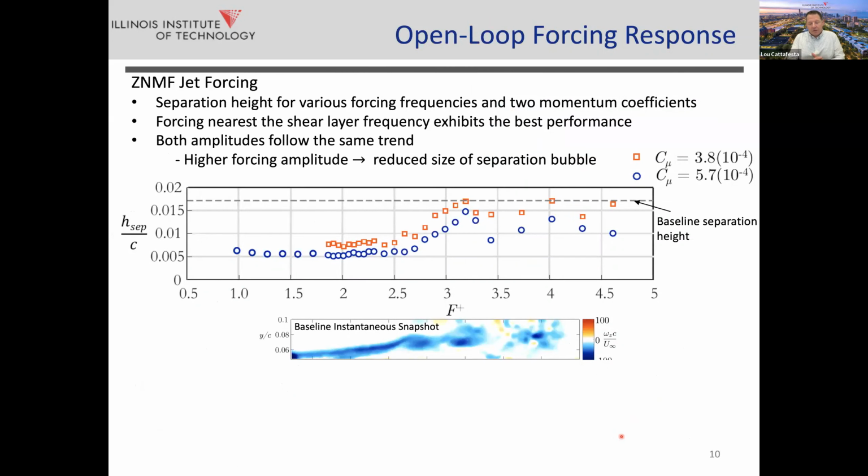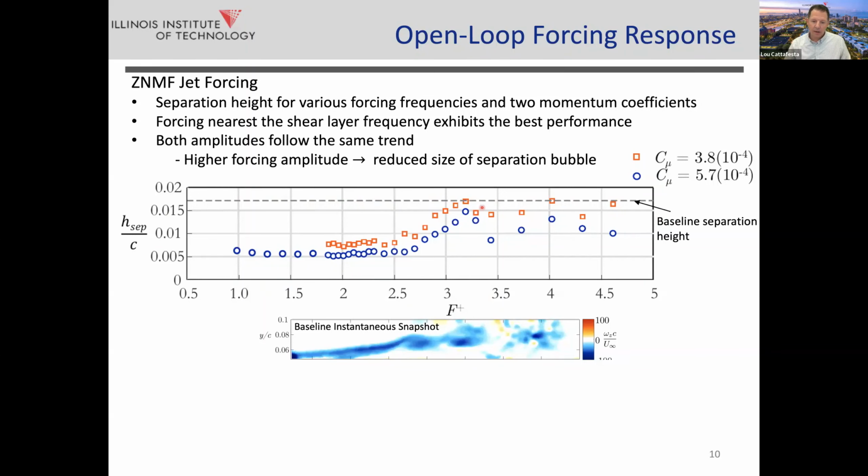One of the first things that Eric did was see how receptive this separated flow was to the synthetic jet. What you're seeing here is the normalized height of the separation bubble versus that forcing frequency at 2 different values of C mu. The baseline separation bubble height with the uncontrolled flow is this dashed line.